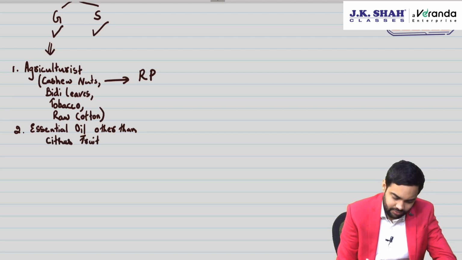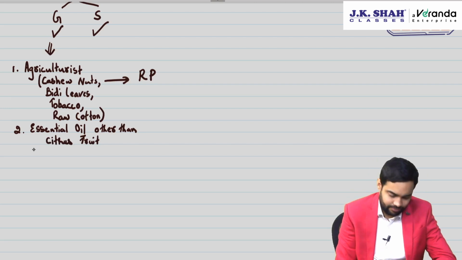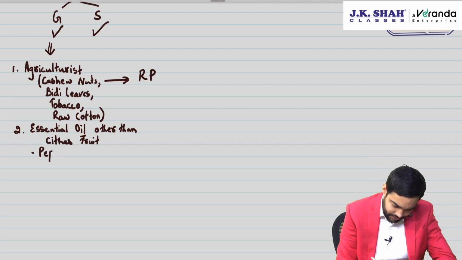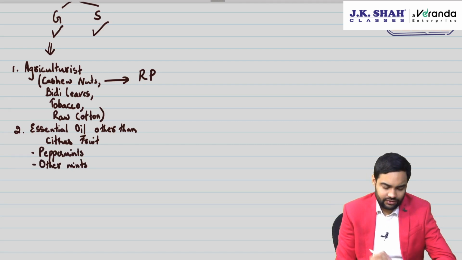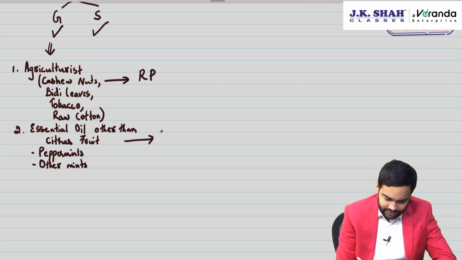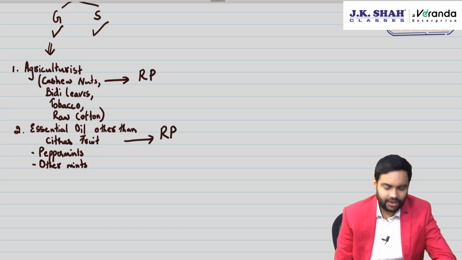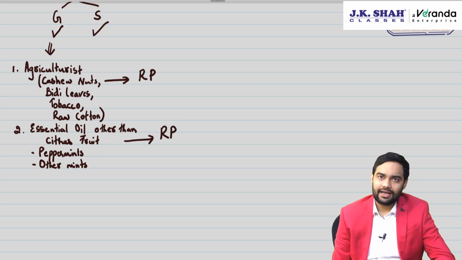Following essential oil meaning now the names will come. First one peppermint, and then there is other mints, and other mints has various kinds of mints oil. So these being provided to a registered person, again it is covered by RCM.